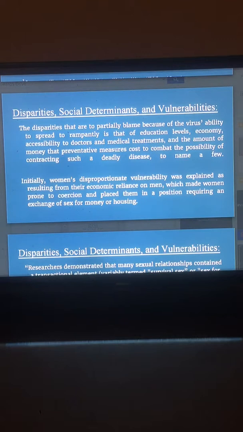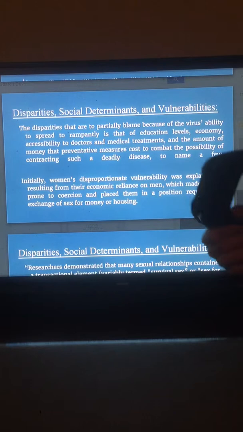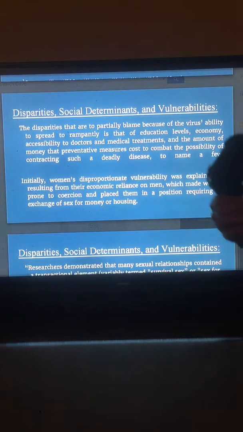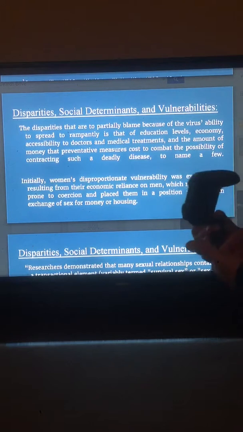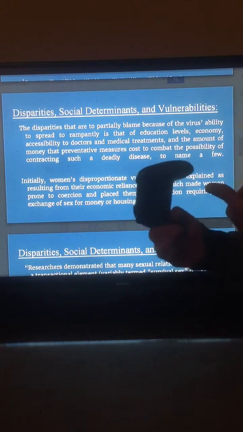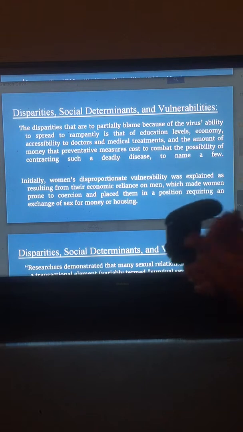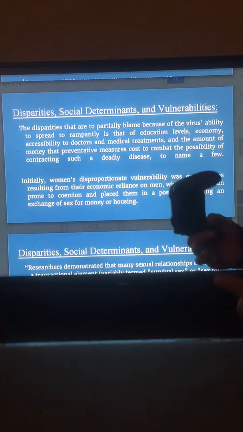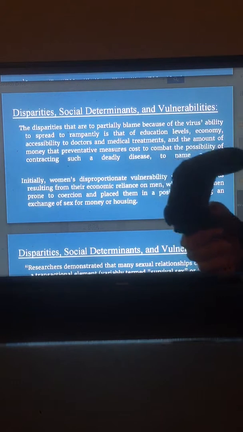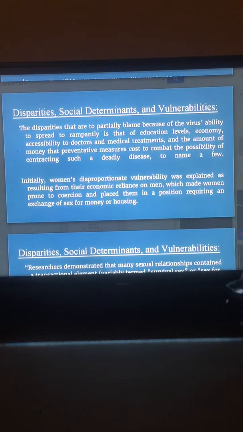Initially, women's disproportionate vulnerability is explained in this paper as resulting from their economic reliance on men. It makes women prone to coercion and places them in a position requiring basically an exchange for sex, for money or housing. So we see basically one part of the population that's just having to have sex as a means of survival, and individuals that are basically using them to get whatever sort of pleasure they need out of it.